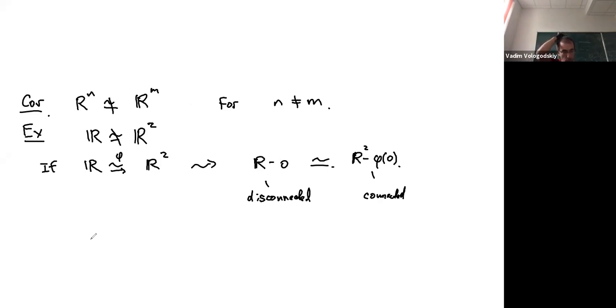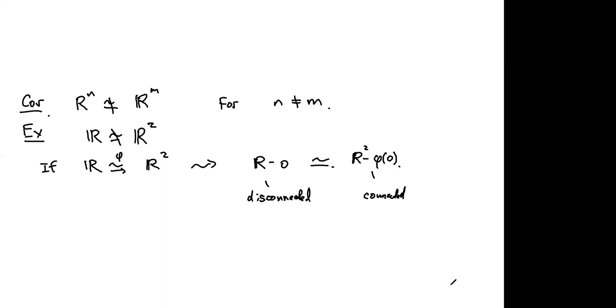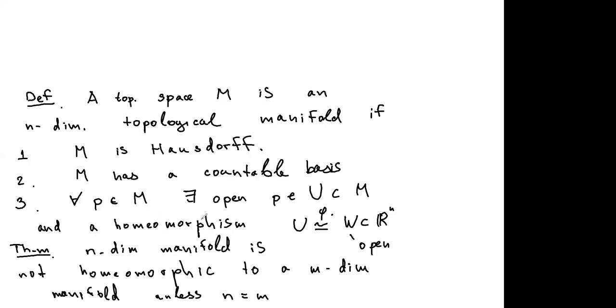So that's for topological manifolds. Now I want to define a notion of a smooth structure on a topological manifold. Let's first go back to this definition.